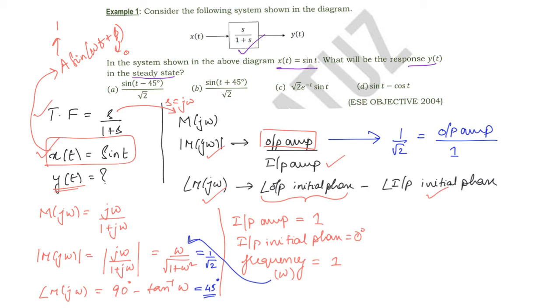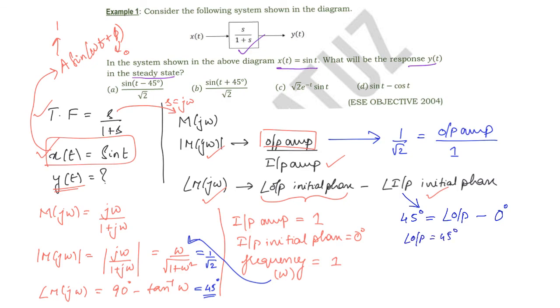And the output initial phase you can find out from this. Angle M of j omega, that is the phase of the frequency response, we have found out as 45 degrees. So this is equal to the initial phase of the output minus the initial phase of the input, which we have seen is 0 degrees. So the initial phase of the output is equal to 45 degrees.